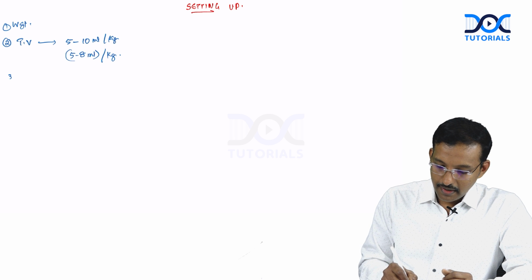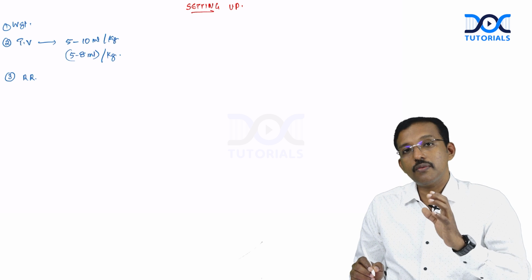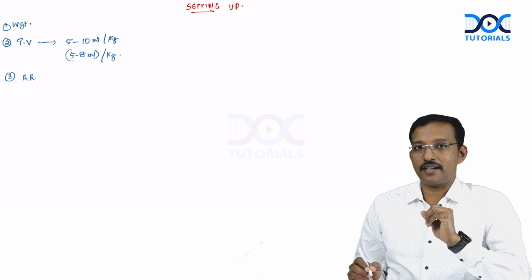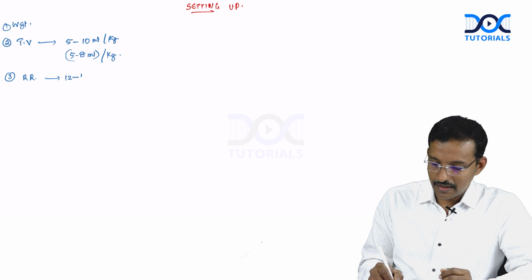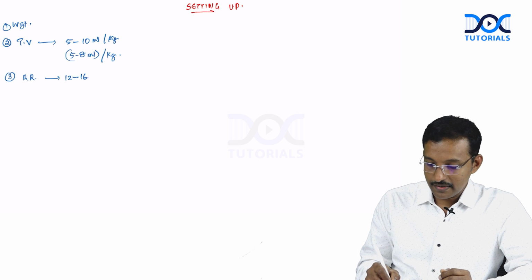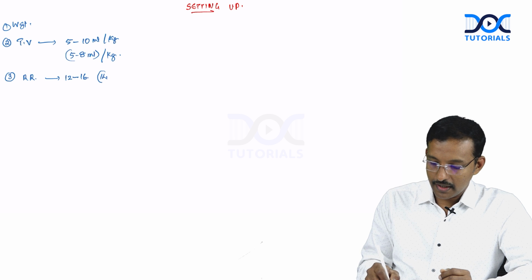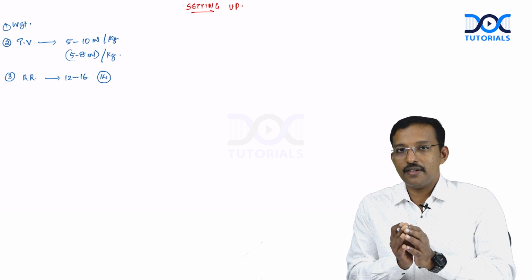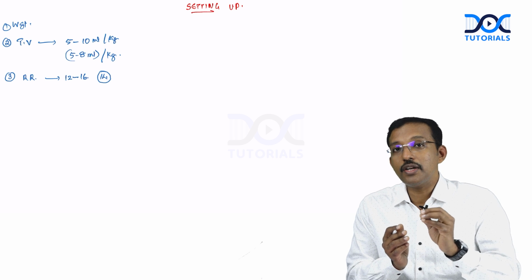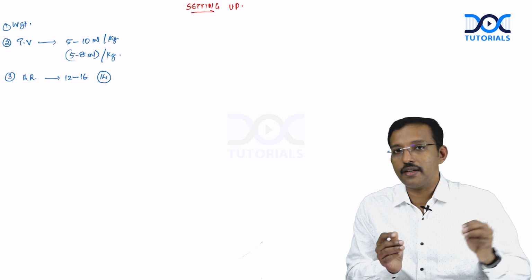The third point is regarding the respiratory rate. Normally we keep it anything between 12 to 16. If you want a single number, consider it as 14. This varies depending upon the kind of patient whom you are planning to ventilate.